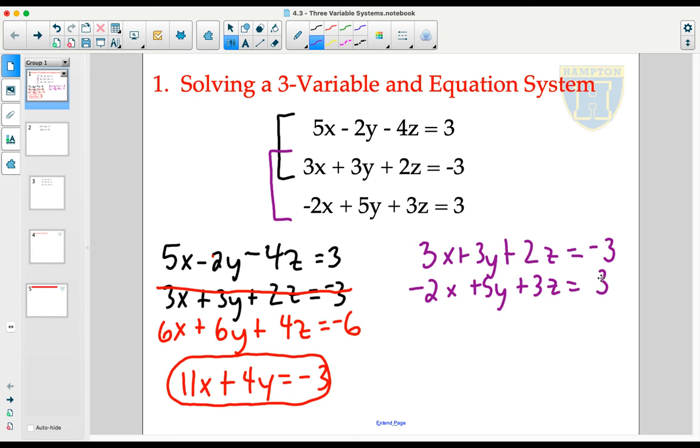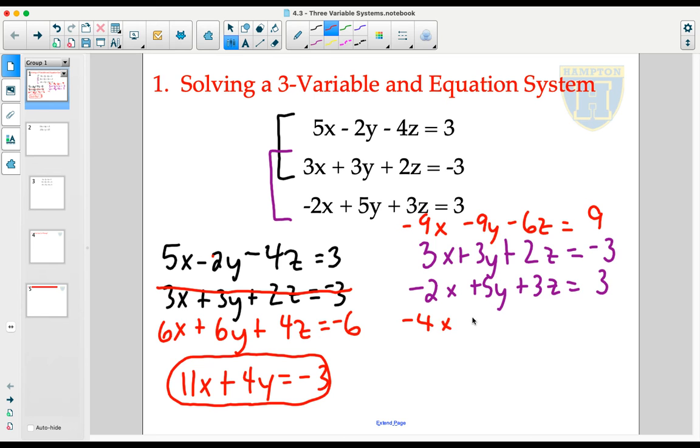Unfortunately, in order to eliminate z from this pair of equations, I'm going to need to multiply both of them. So I'm going to multiply the top equation by negative 3 and get negative 9x minus 9y minus 6z is equal to 9. And I'm going to multiply the bottom one by 2.